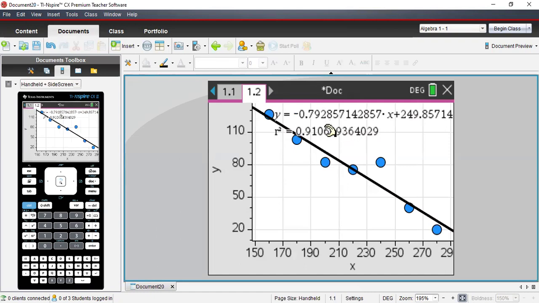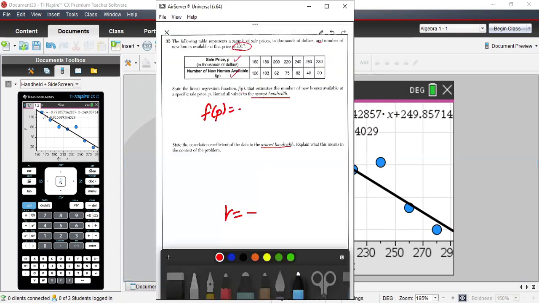It's going to be f of p, and the 9 is in the hundredths place, so the 2 is what we check. That's 4 or below, so we're just going to drop all of these decimal places, and so it's going to be basically a negative 0.79 times x. So that's what I'm going to put. So it's going to be a negative 0.79, put the x, and then I'm going to do the y-intercept.